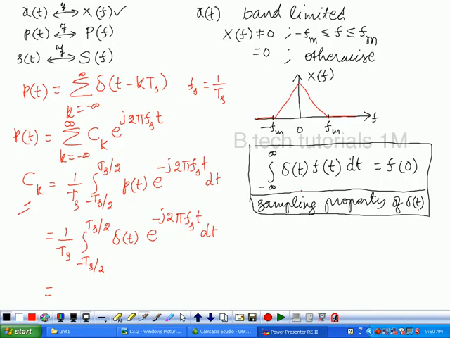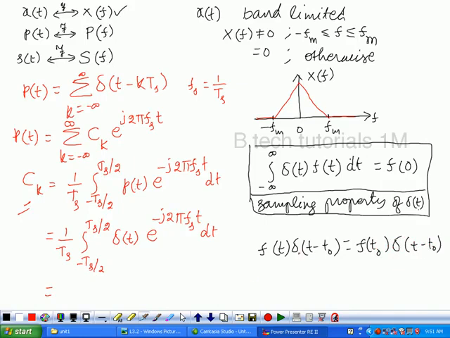How did we obtain it? See, in the previous class, we had f of t into delta of t minus t naught can be written as f of t naught into delta of t minus t naught.